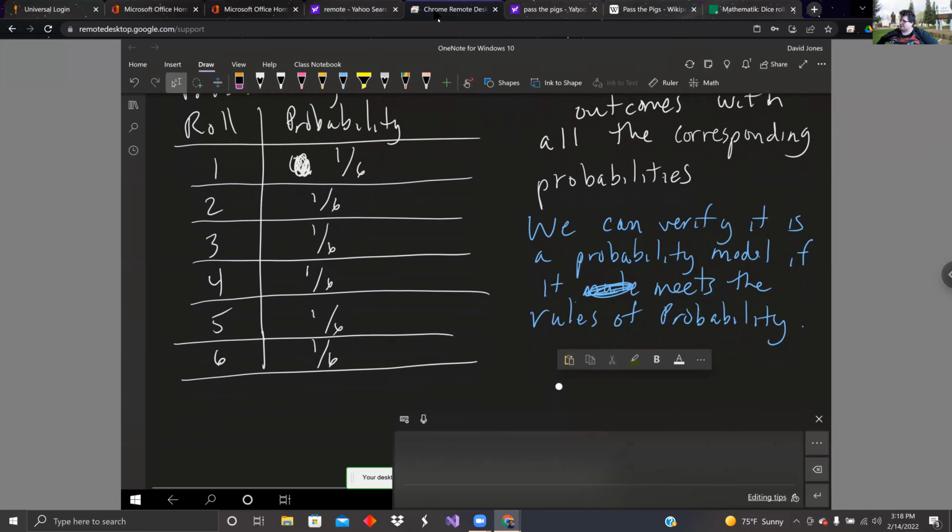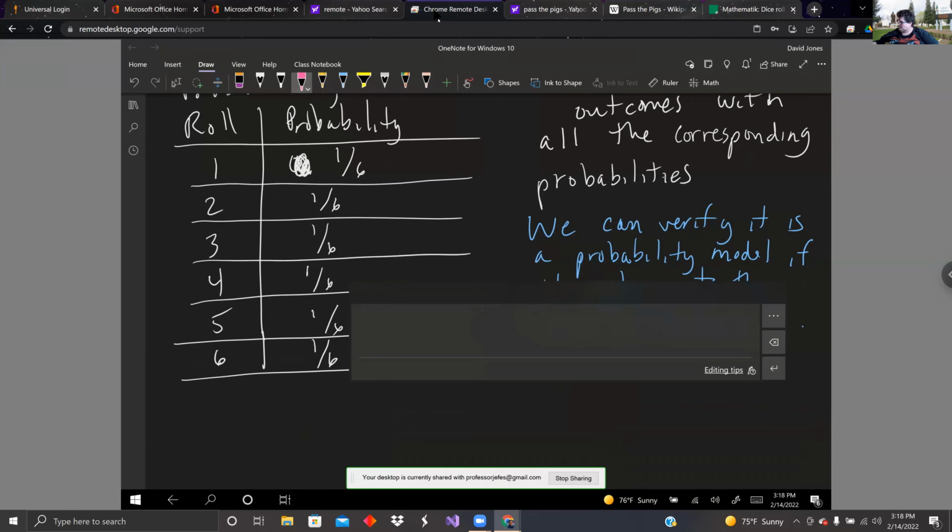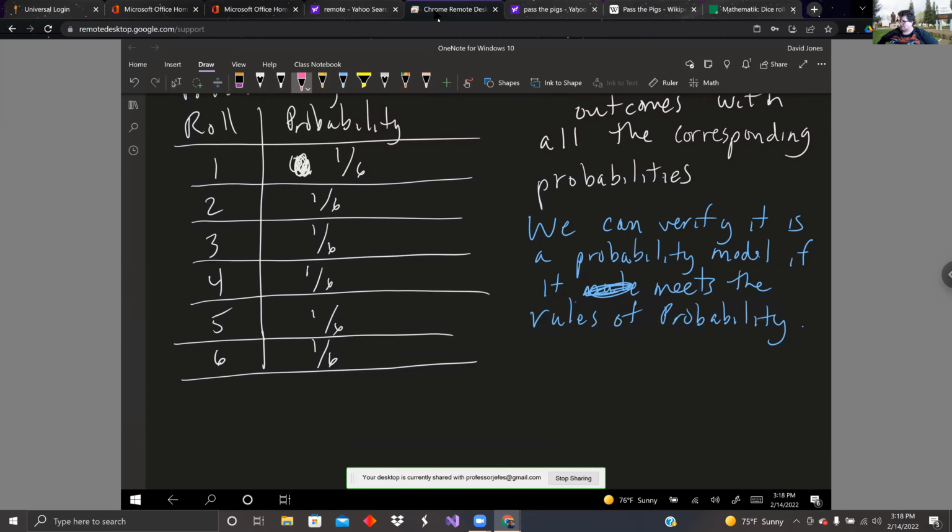And as a reminder, the rules were the probability of any given event is between 0 and 1, which means none of them are negative. Check, check, check, check. These are all positive. And they're all less than 1.